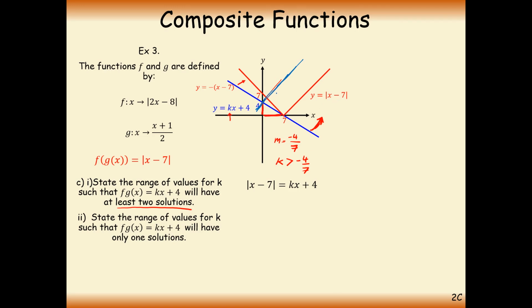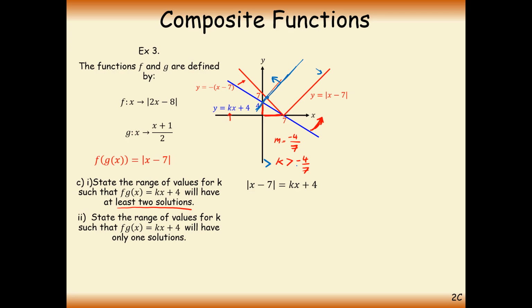From the previous working out we looked at, we know that once the gradient turns into 1 or higher than 1, so that's rotating anticlockwise further above 1, it would only have one intersection point, and it wouldn't meet this line here again.